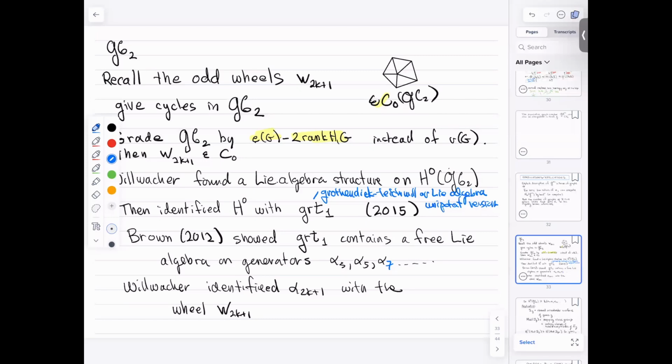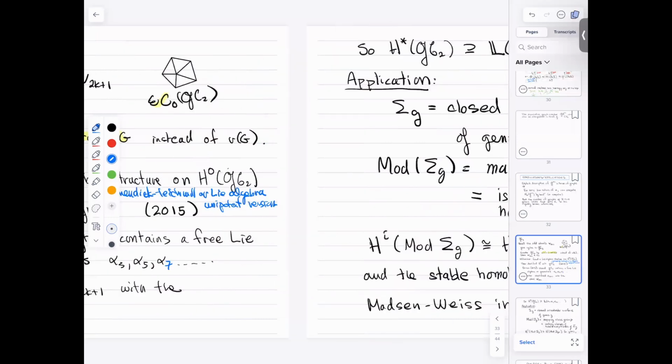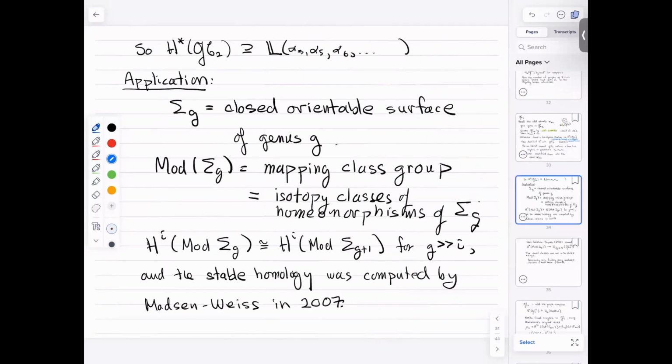So what do you get? The cohomology of GC2 with this grading, or with any grading actually, contains this huge Lie algebra. So as an application, yeah, so first of all, this is great.